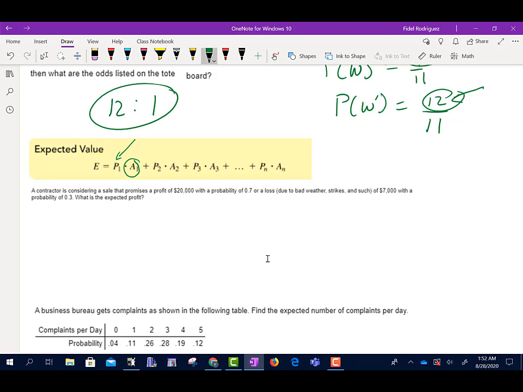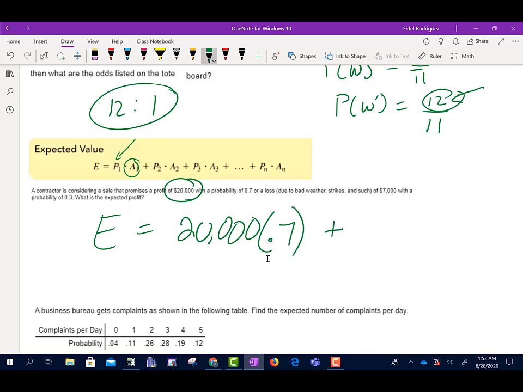So let's take a look here, and it says a contractor is considering a sale that promises a profit of 20,000 with a probability of 0.7, or a loss of 7,000 with a probability of 0.3. What is the expected profit? Okay, so we're going to say we're going to earn $20,000, and we have the probability of 0.7 of that happening.